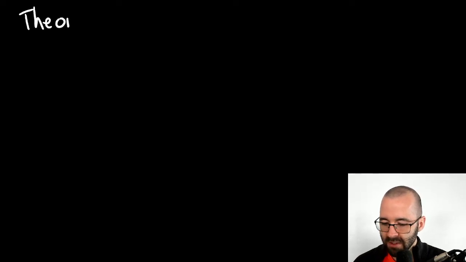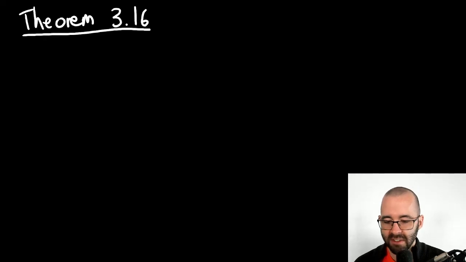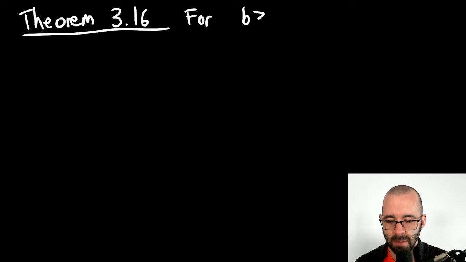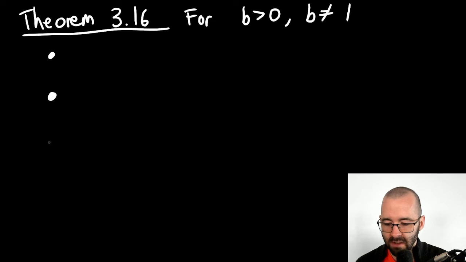So let's go to theorem 3. I'm going to use the numbering from the book in case you want to find it. Theorem 3.16. And that says for b being positive and b not equal to 1, we have 4 properties. We're only going to start with the first one that we just introduced.